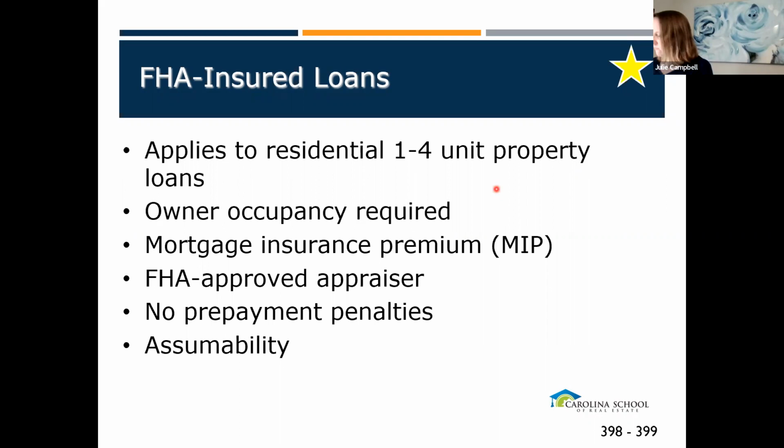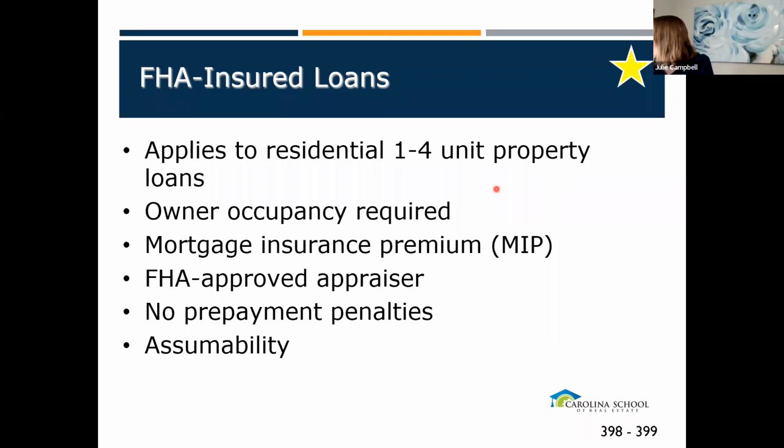There are, just so you know, several different types of FHA loans. If you look at 398 and 399, the most common FHA loan is a 203B. You guys see assumption rules. So 203B is the most common, but you could also get an FHA loan for a home improvement loan, Title I. Title II at 399 are loans for condos.